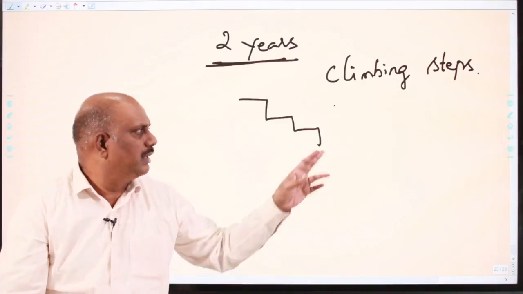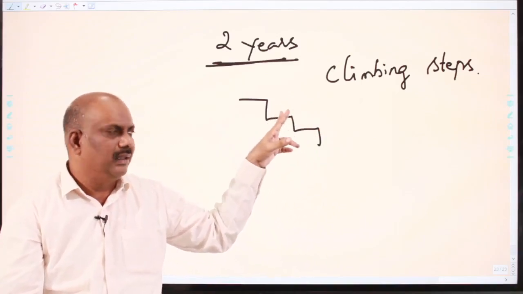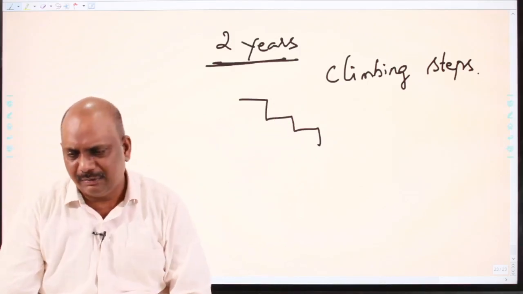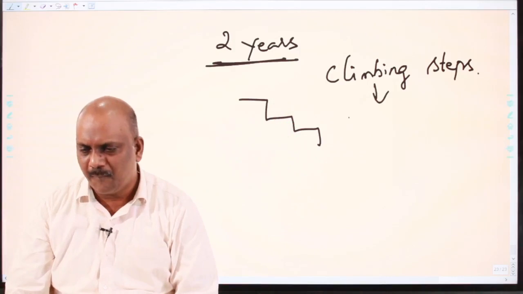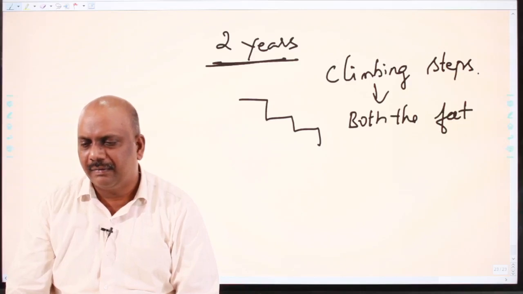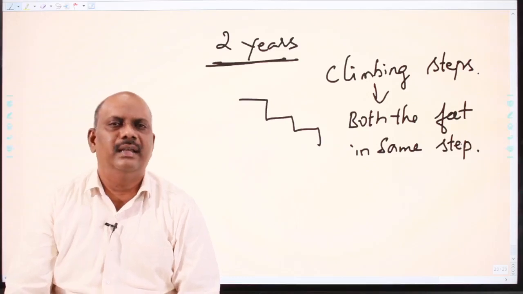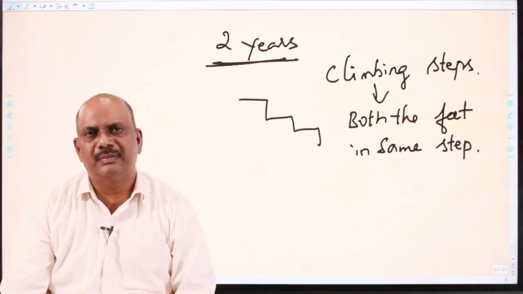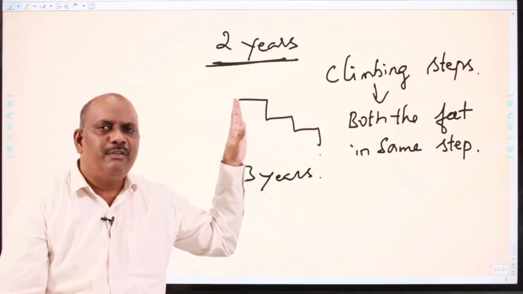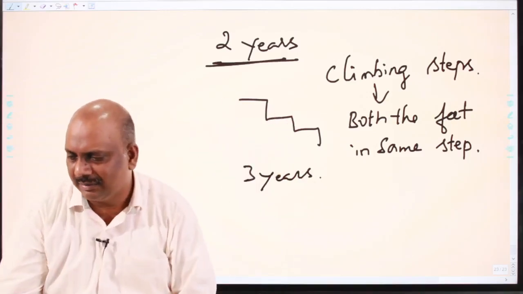That means it will keep one foot in this step, and the next foot also in the same step, holding the support. A kid will start climbing the steps by 2 years. By 3 years, a kid can climb with 1 foot in one step.